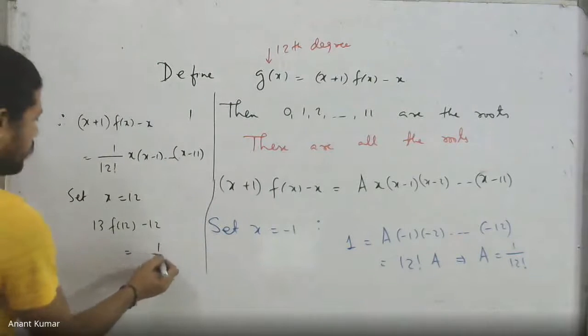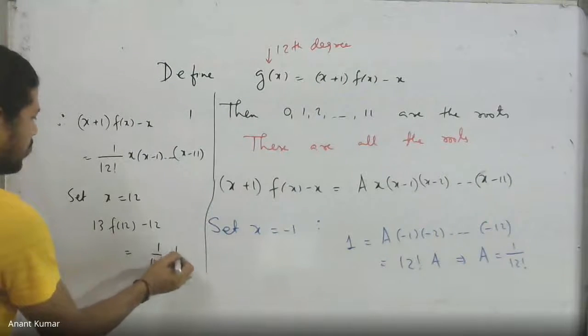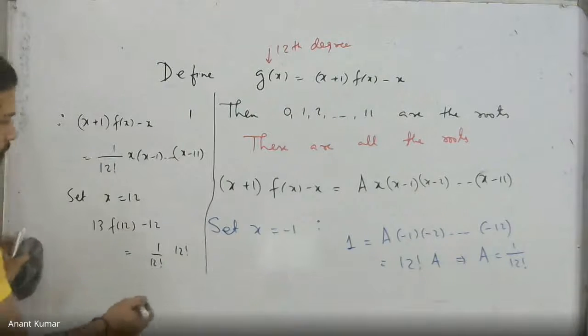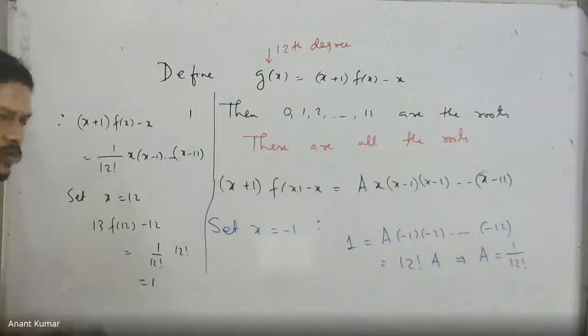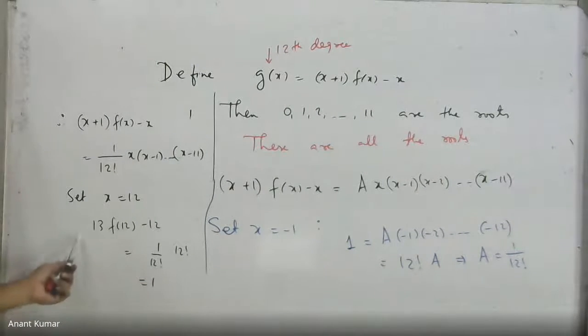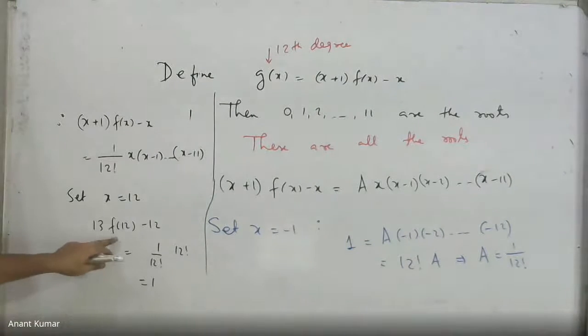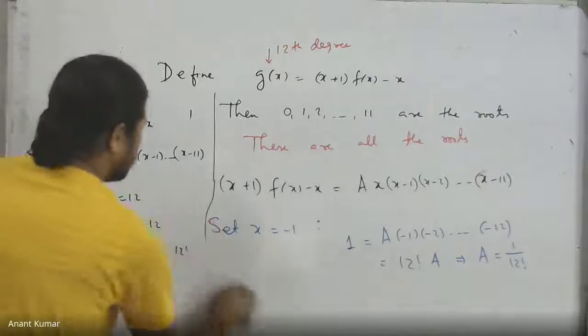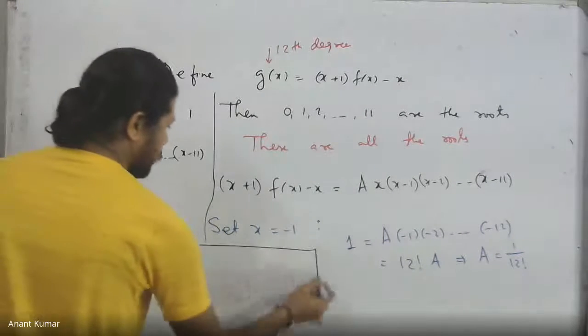It becomes 12 factorial by 12 factorial, which is nothing but 1. And that implies that f(12) is 1, because 13 f(12) becomes 13. And therefore, we end up getting, okay, but I'm running out of space.